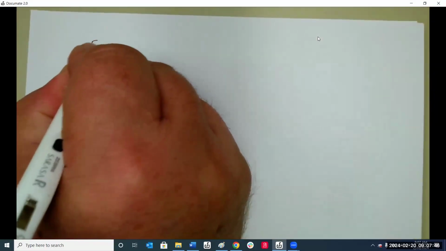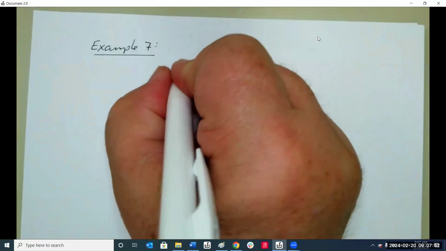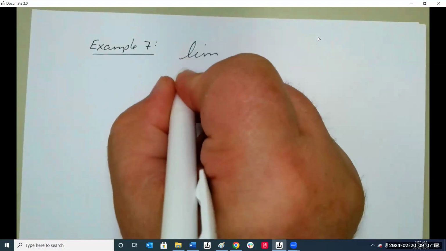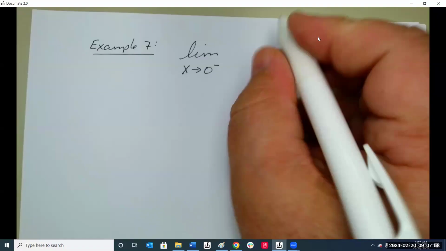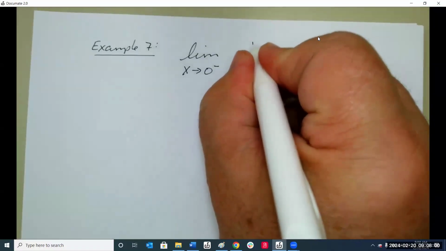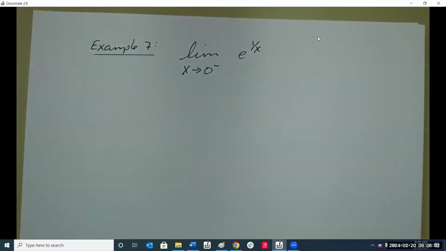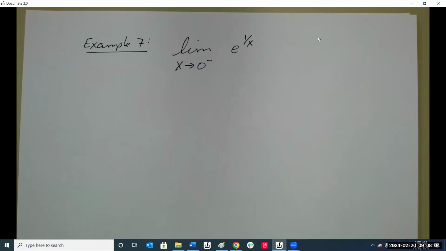Example number 7. Find the limit as x goes to 0 from the left of e to the power 1 over x.